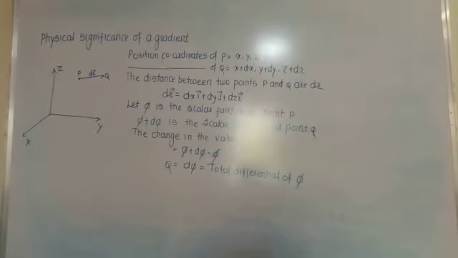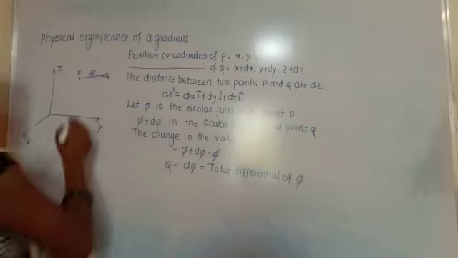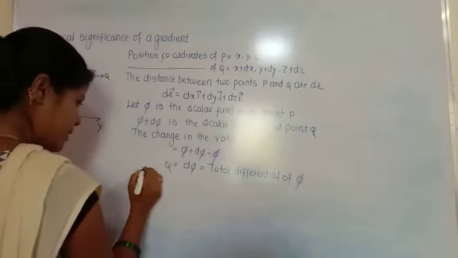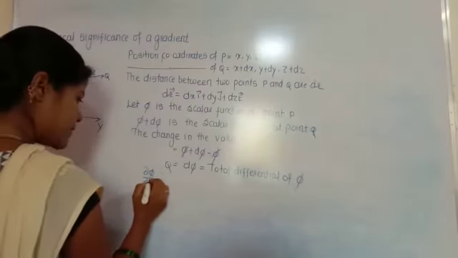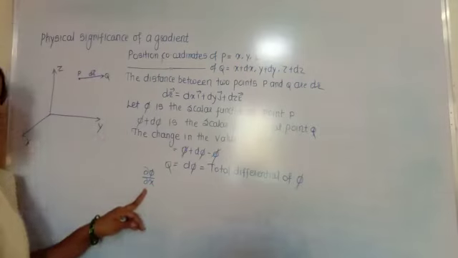Now the rate of change of phi along the x axis, that is del phi by del x, the rate of change of phi with respect to x.